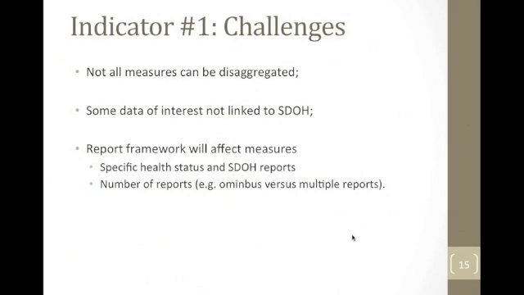How health units generate their health status reports may affect this measure. For example, a health unit might do a single health status report, or they may do 10. Not all health status measures may be amenable to social determinants of health analysis, so a single report may not have all portions analyzed by the determinants of health.